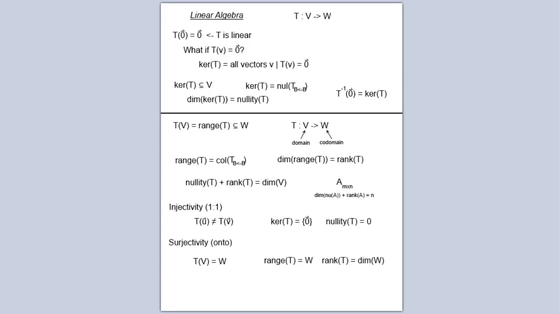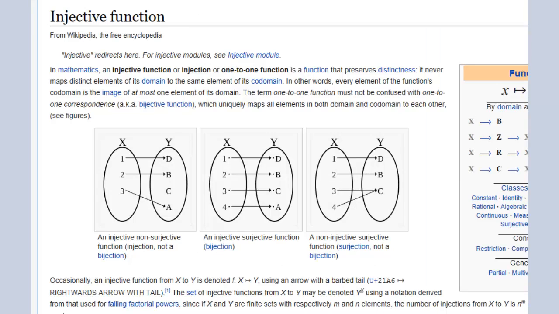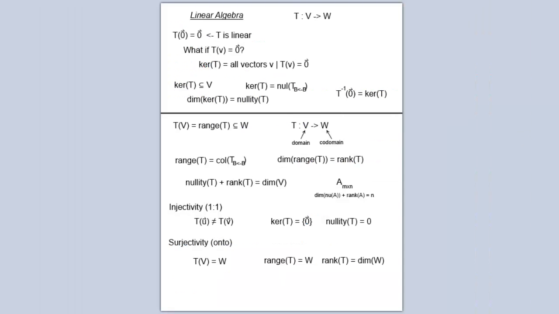Here is a Wikipedia article on the subject, which gives you a nice little visual and leads to the third topic here, which is bijectivity. If a transformation is both injective and surjective, it's called bijective.